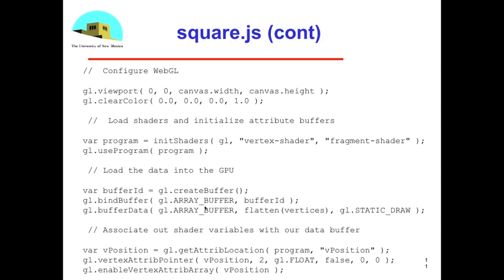There's always a concept in WebGL and OpenGL of the current or present state, and this is saying that the current buffer, whenever I refer to a buffer, is going to be this buffer that I defined over here.